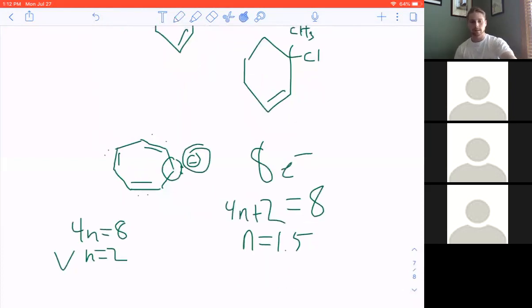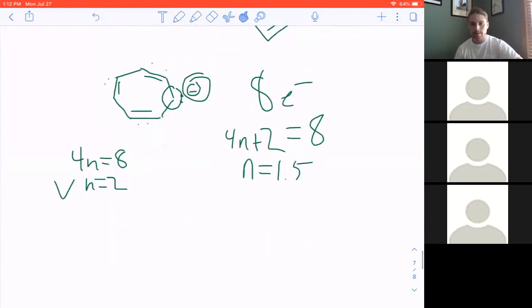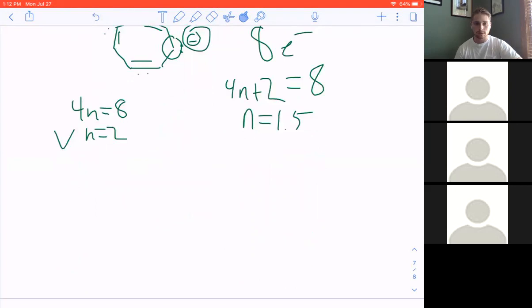As I said, almost everyone got that one wrong, so don't feel bad if you did, but that is just using Huckel's rule. You could figure that out just by plugging in those values. If you got it, nice job. Once again, feel free to stop me if you have any questions. If not, I'm just going to go through this exam and explain what we're looking at.